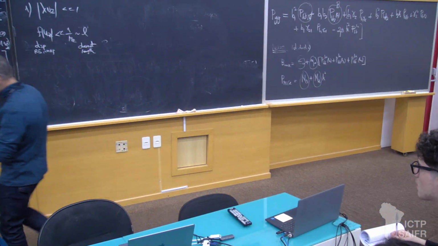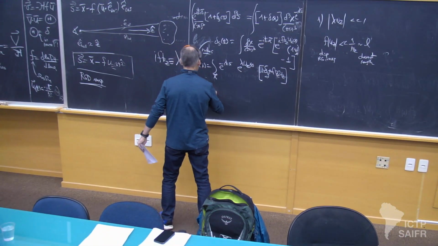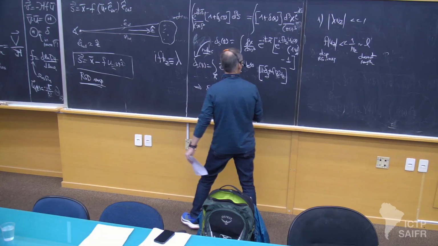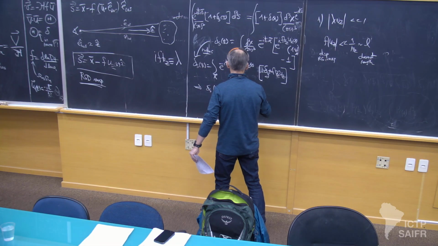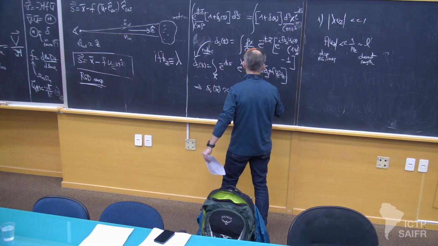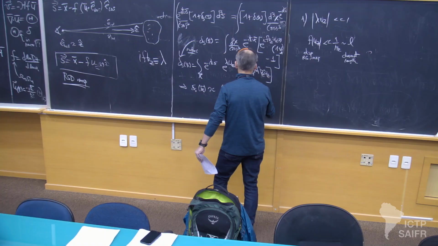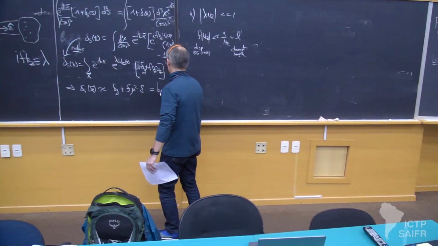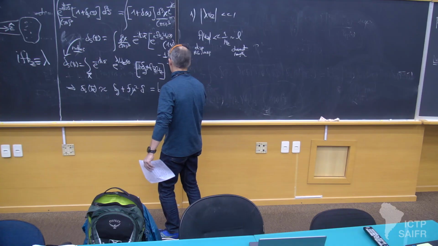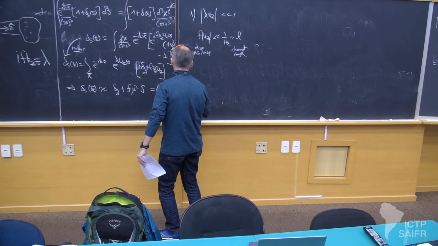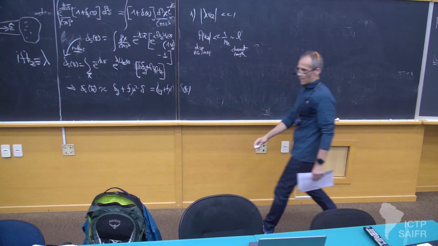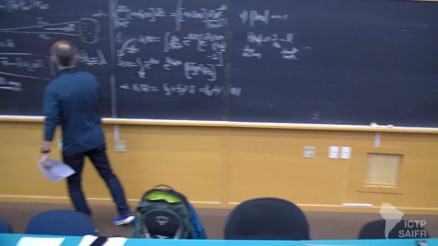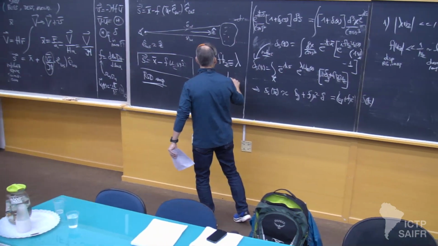So if you do this, in this limit you will get delta g plus f mu squared delta, which is linear bias plus f mu squared times delta k. And mu is kz over k.